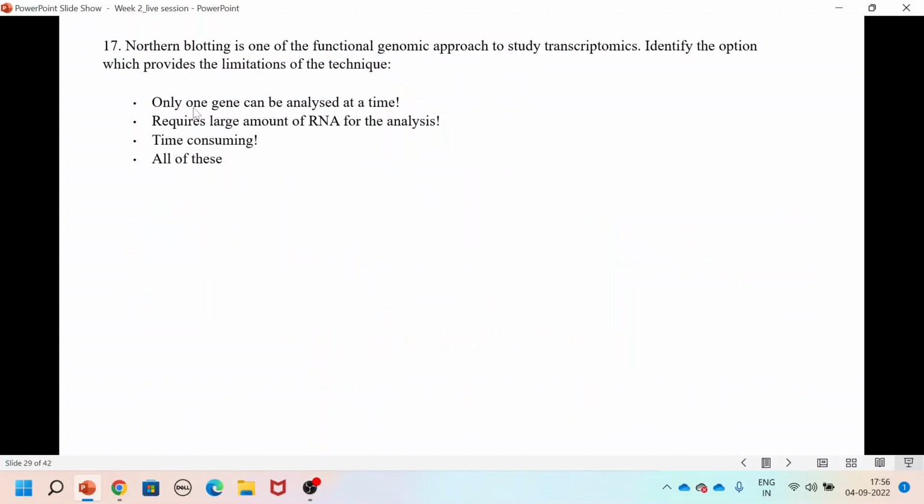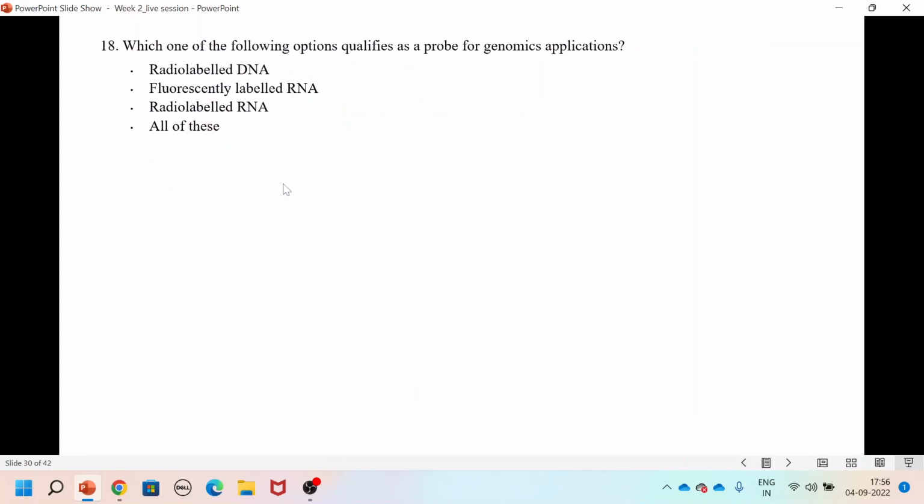Therefore, at a time we can only detect or analyze one gene, and it requires a large amount of time and also a large amount of RNA, because we need to transfer the RNA from the gel to the nitrocellulose or the nylon membrane, and therefore if we use a lesser amount of RNA, it may affect the capillary action and thereby we might not be able to detect the mRNAs which we were trying to check. So all of these are the limitations for the northern blotting.